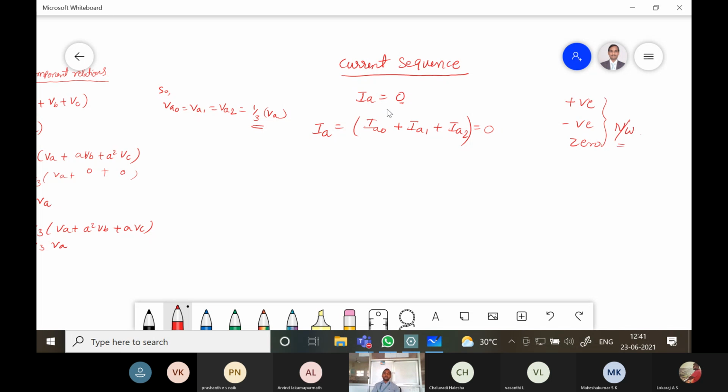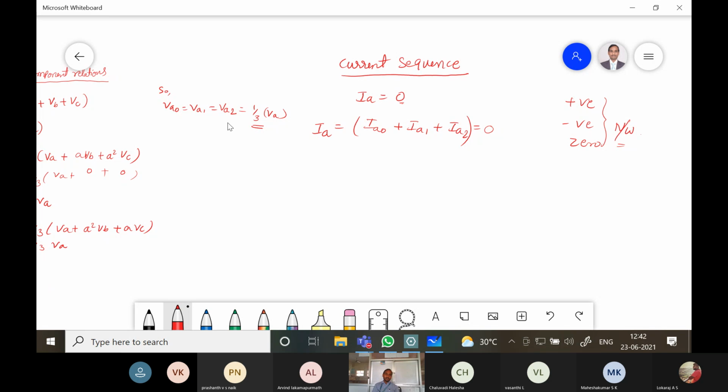Okay, so how to draw this network? All the currents, IA0, IA1 and IA2, are adding to each other, which means it is a parallel circuit. If all the currents are equal, then you need to draw a series circuit. If the currents are not equal and may be adding, then we need to draw a parallel circuit, right?